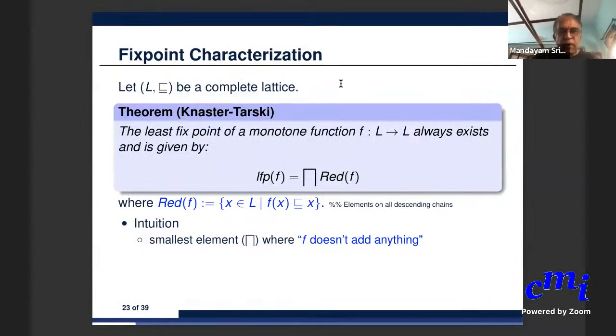Yeah, so in the last class, we saw lattices, definitions of lattices, monotone functions on lattices, and we had a definition of fixed points, and we saw a characterization of fixed points of monotone functions over complete lattices.